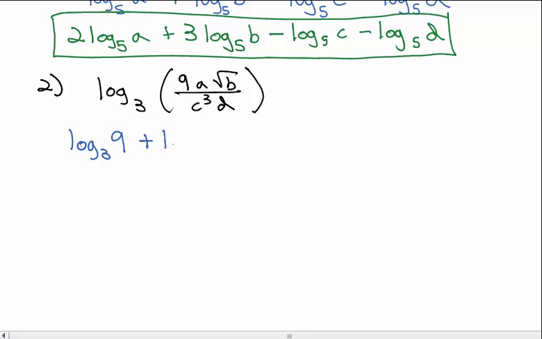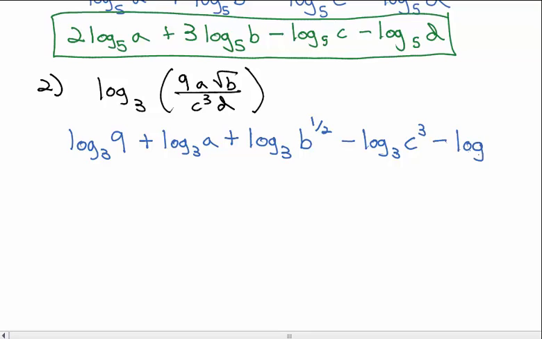Plus, still in the numerator, a log base 3 of a. Plus, a log base 3 of the square root of b. And I'm going to change that to an exponent, b to the 1/2, because as you might have guessed, we're going to play with exponents in a minute. The c cubed d is in the denominator, so we're going to subtract log base 3 of c cubed, and subtract, because it's still in the denominator, log base 3 of d.